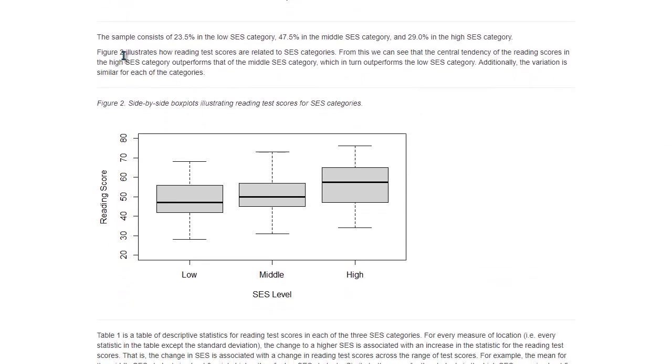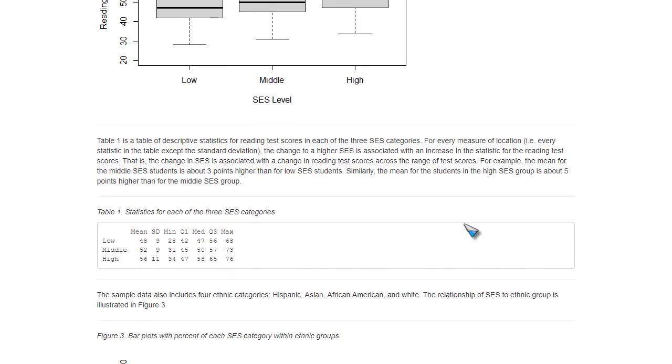So here I talk about figure 2, and I give what the figure is showing me, that middle outperforms low and high outperforms middle. And then I show table 1 down here, and I talk about table 1, and I talk about what kind of change we have, what kind of difference there is between low, middle, and high.